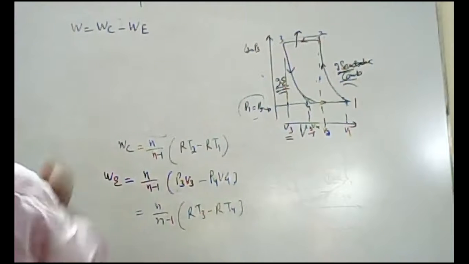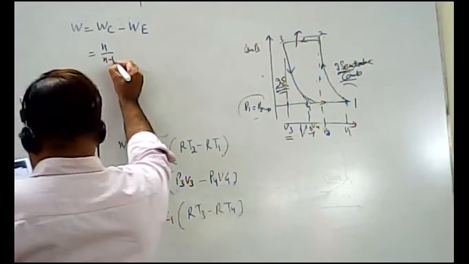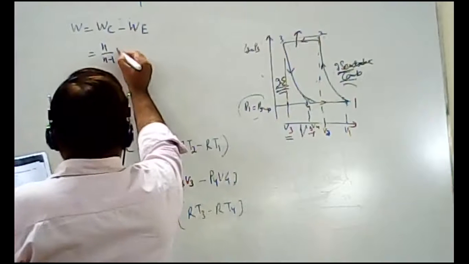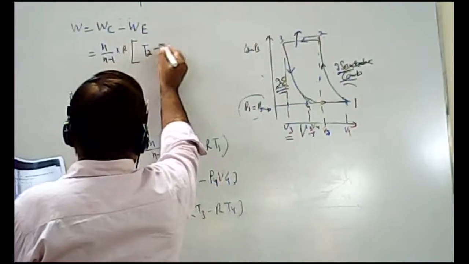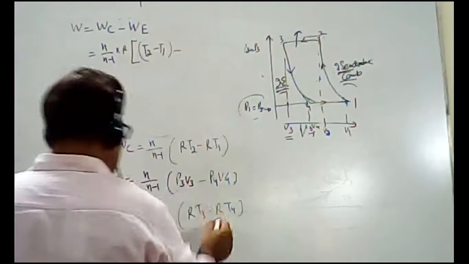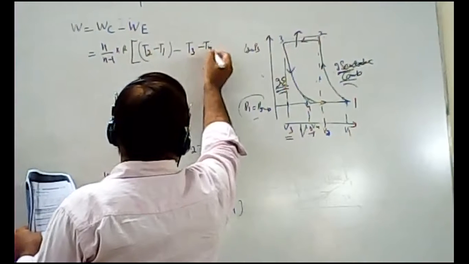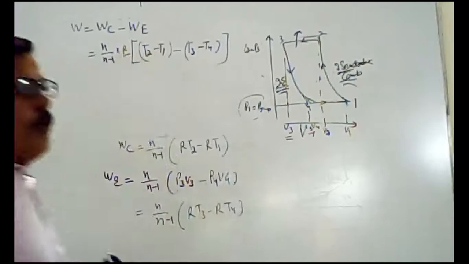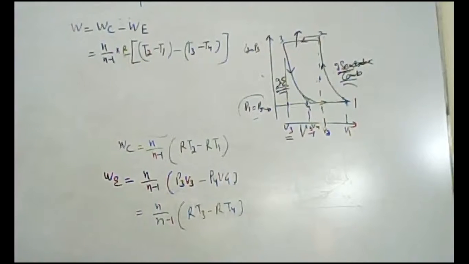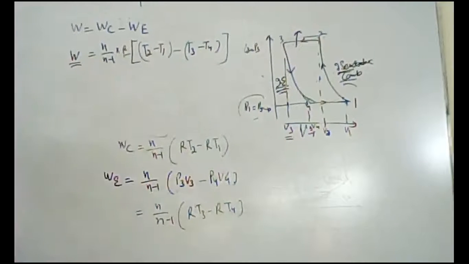So net work done will be equal to n divided by n minus 1 into R, in bracket T2 minus T1 minus T3 minus T4. Here I have taken the common value R outside of this bracket. Okay, so this will be the value of the total work done.